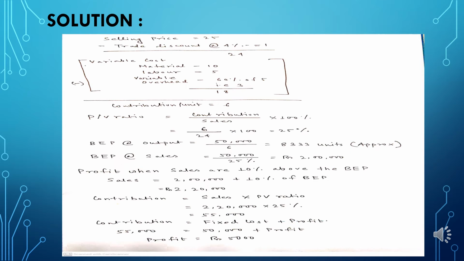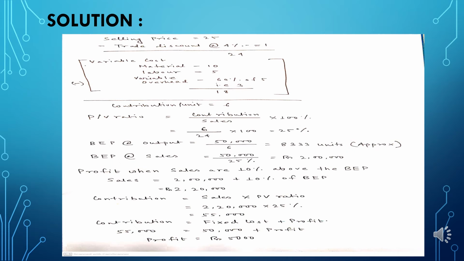Now if we go back to the variable cost calculation, because we know that sales minus variable cost gives us contribution. Coming back to the variable cost part here, it has already been mentioned that material is rupees 10 per unit, labor cost is rupees 5 per unit. Most importantly, the variable overhead part is dependent on the labor cost itself, which is 60% of rupees 5, so the variable overhead turns out to be rupees 3.